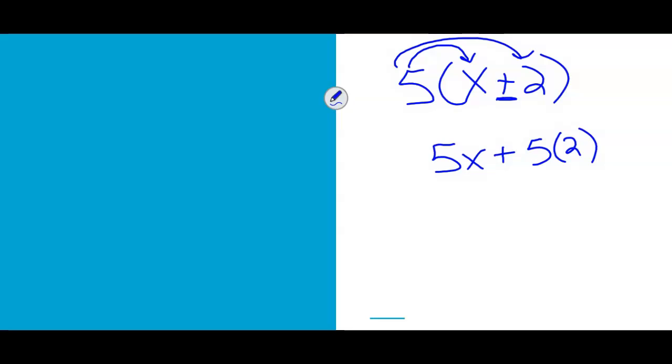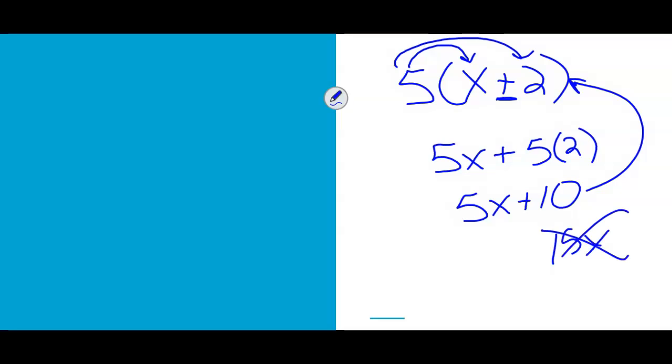Well, the variable, we can't take 5 times anything because we don't know what that x is. Okay? You do 5 times 2. So this simplified is 5x plus 10. This is the simplest form of that. This is not going to be 15x. Please do not think of that, because we have to multiply before we add.